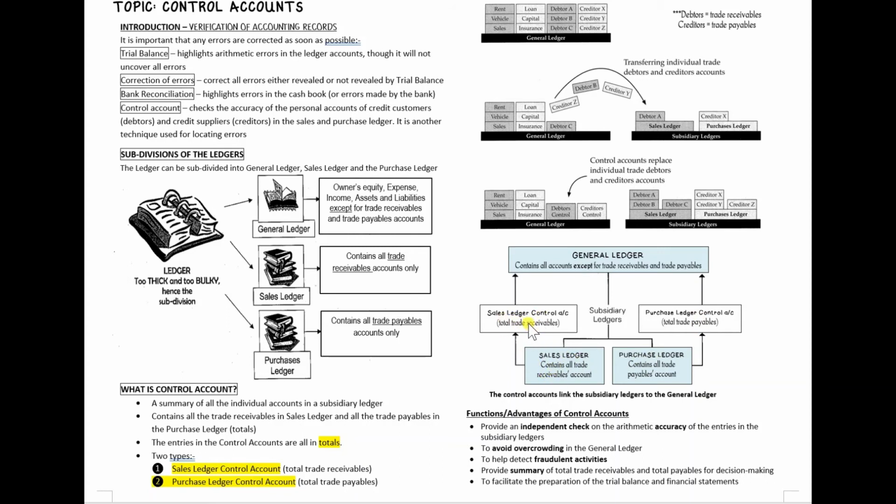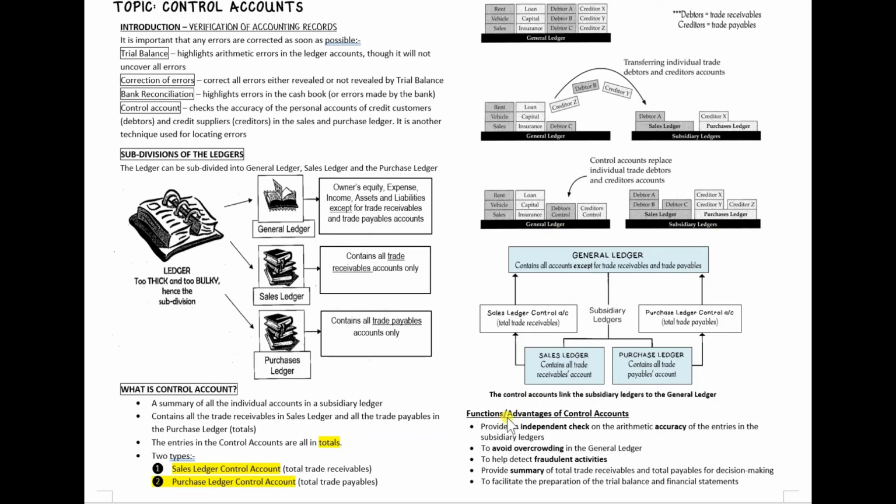We will have the total of the trade receivables here and put it in the general ledger. And for this one, we will come up with the total of the trade payables, put it in the control account, and put it under the general ledger. So the control account actually links the subsidiary ledger to the general ledger.